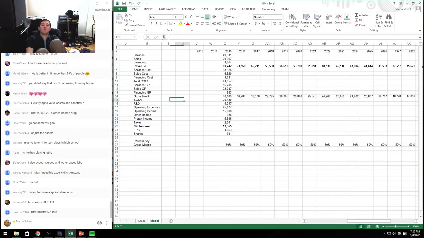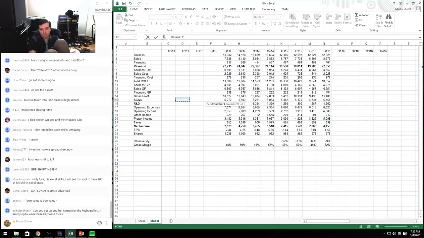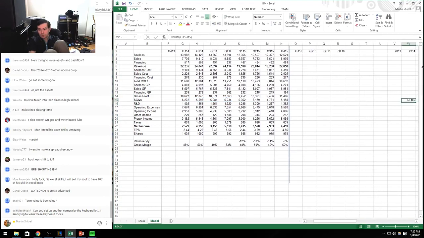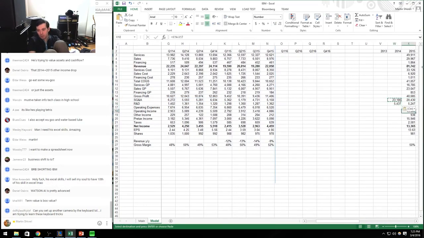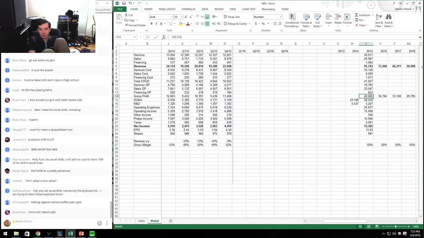How about SG&A? Well, let's see how it behaved in 2014. You can see that it dropped. As your revenue drops, you have to cut your costs usually, right? Typically. So IBM's revenue, R&D spending, and SG&A spending dropped as well.